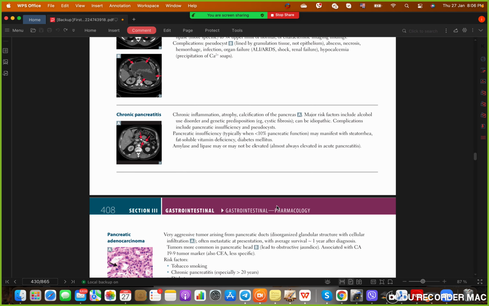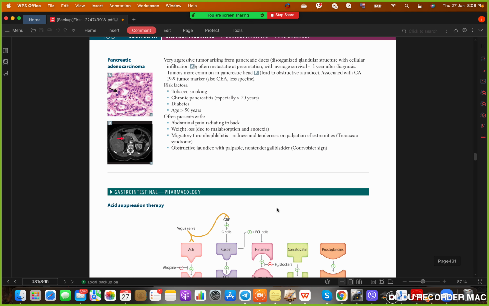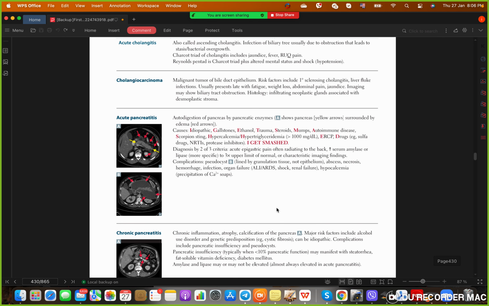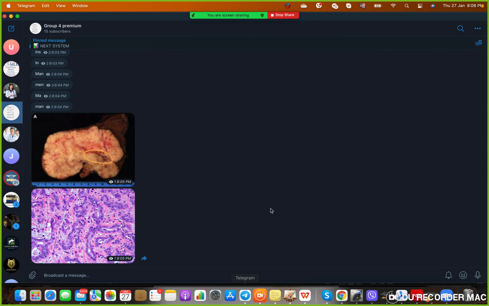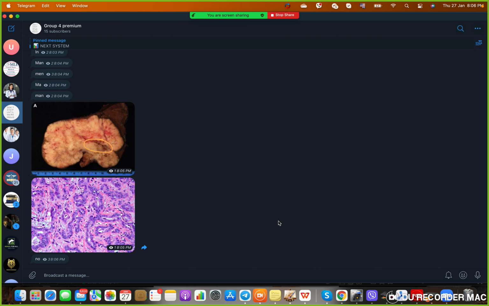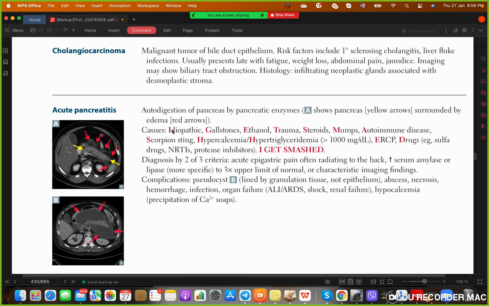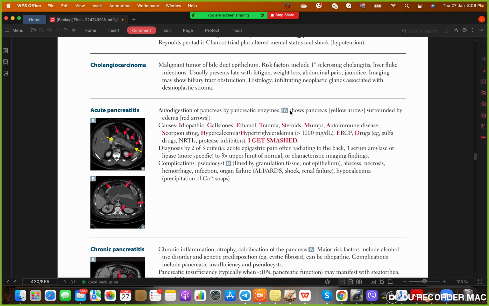Acute pancreatitis versus chronic pancreatitis versus pancreatic adenocarcinoma. Let's start with acute pancreatitis. Is it fatal? Yes or no? Mostly yes. So acute pancreatitis can lead to autodigestion by pancreatic enzymes inside of the pancreas.